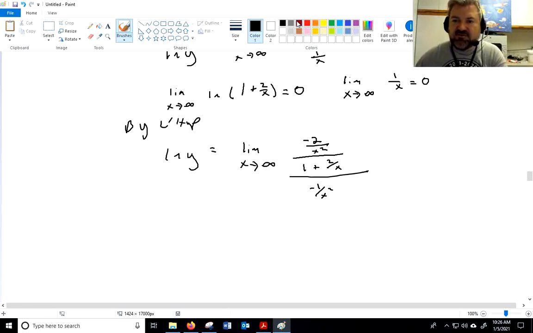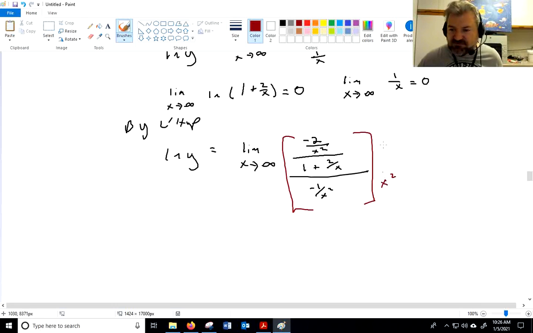But we can make this a lot better really quickly. Okay, I've got this stacked fraction here, and I'm going to multiply the top and bottom of the stacked fraction by x squared, x squared over 1, if that helps you see how that works out.